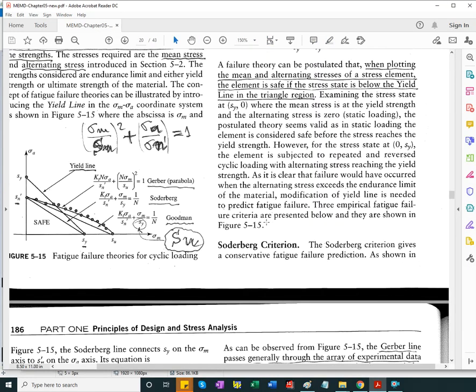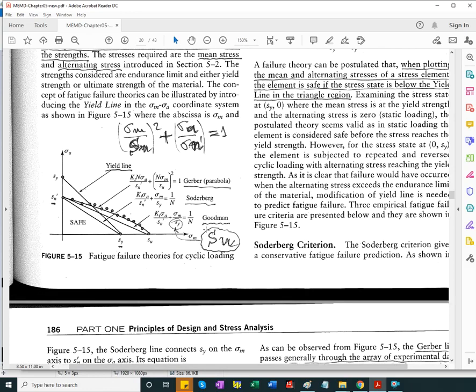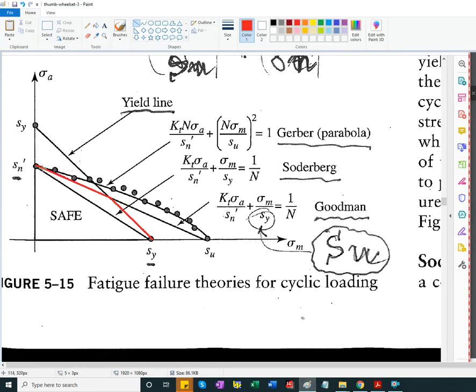The failure theory for mean and alternating stress that we'll be using is going to be the Goodman line and yield line combined, like you saw it drawn here in red. Note the typo, so this should be SU instead of SY.